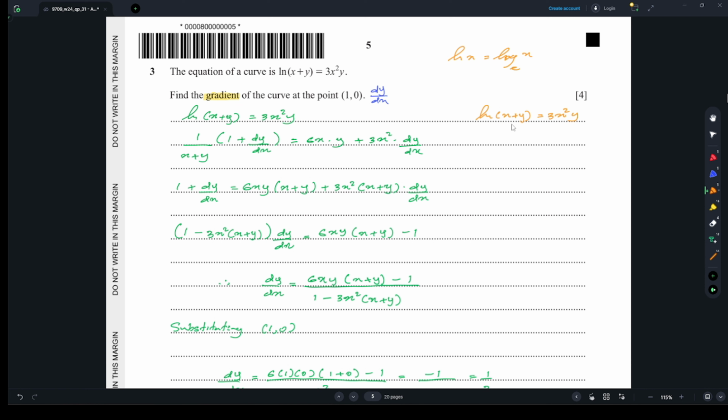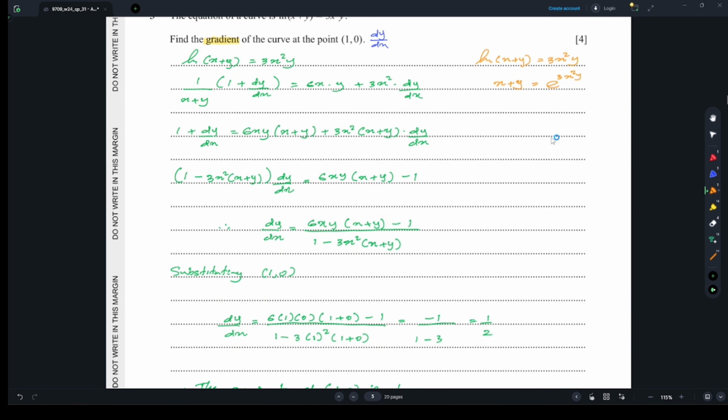When you remove the ln, you just write down what is inside the ln, x + y. And remember the base is e, so you write the base e and write down the right side as a power: x + y = e^(3x²y). Now you can differentiate this.